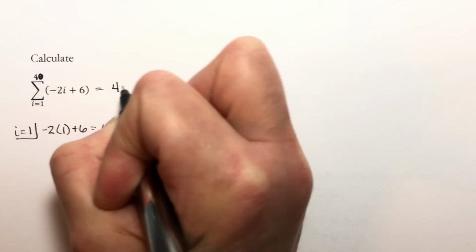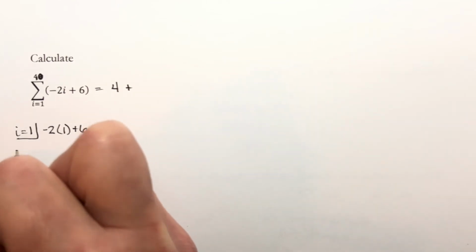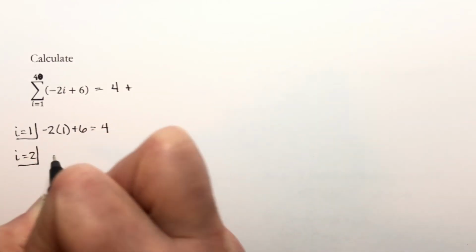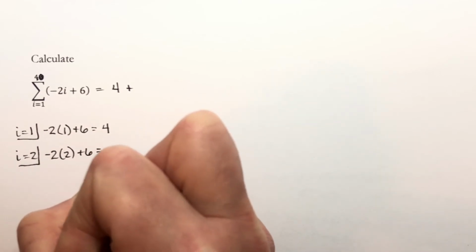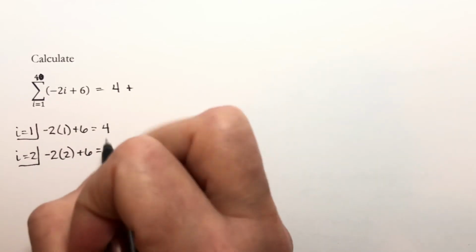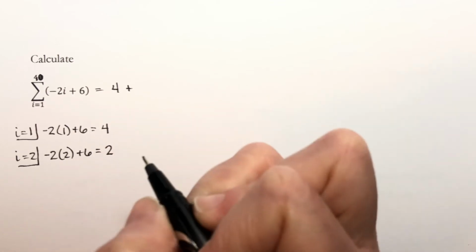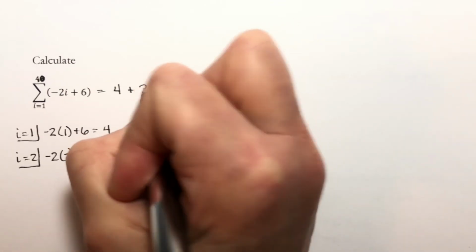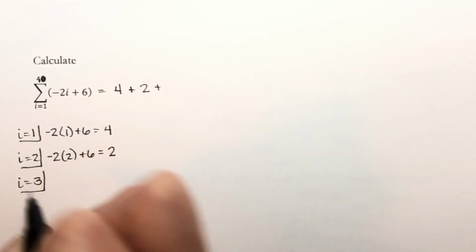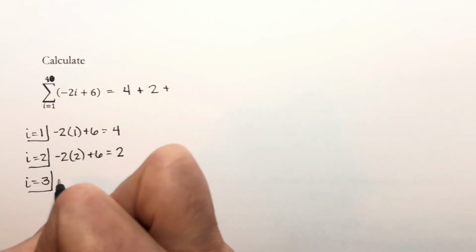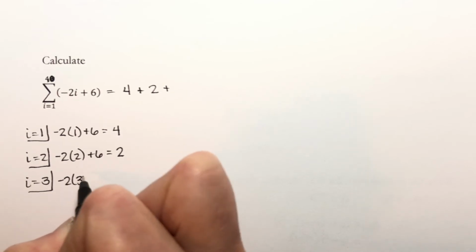So this is 4 plus, if I do i equals 2, I have negative 2 times 2 plus 6. So that would be negative 4 plus 6, which is 2. So plus 2. Plus, when i equals 3, I have negative 2 times 3.